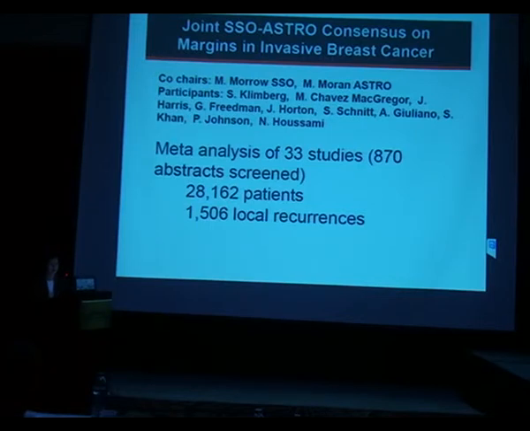And there was a very big emphasis on this among breast surgeons. So the joint surgical oncology and radiation oncology groups had a meeting to reach a consensus on margins of invasive breast carcinoma. They evaluated more than 30 studies, and they screened many abstracts, including close to 30,000 patients.